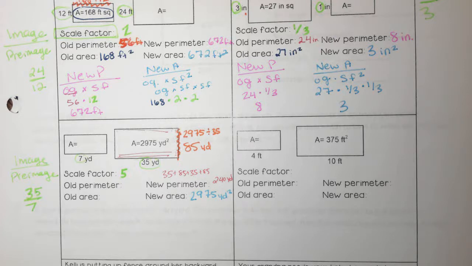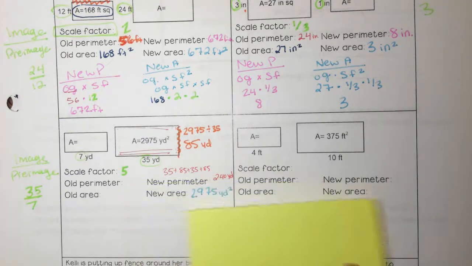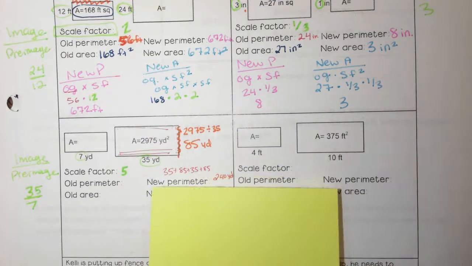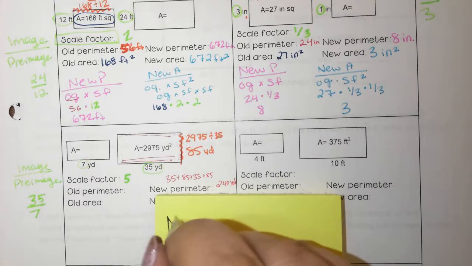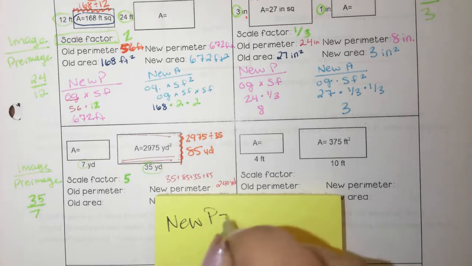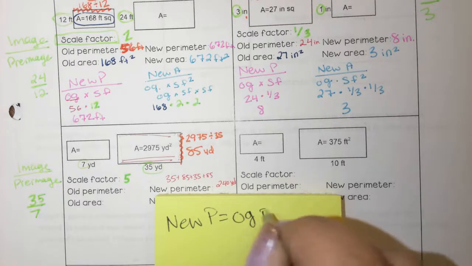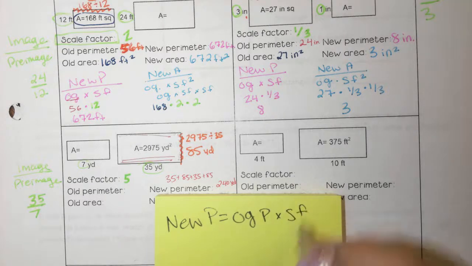What I'm going to do now is work backwards. What we could do is going to be different from what I recommend doing. What we could do is say the new perimeter was the original perimeter times the scale factor.